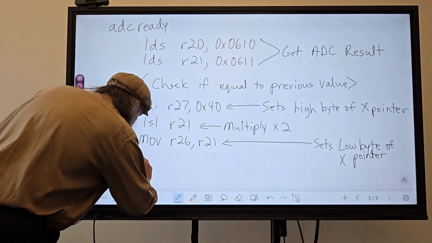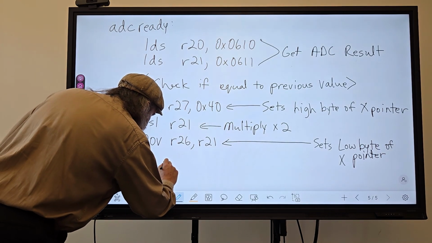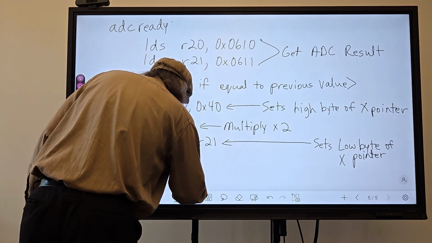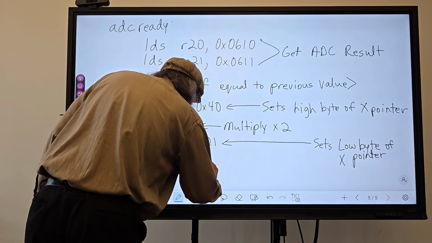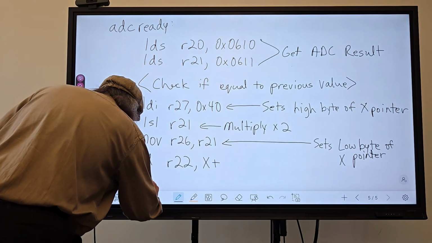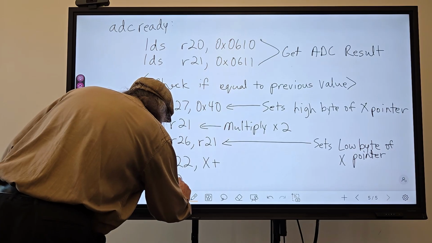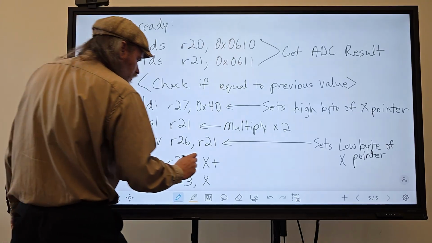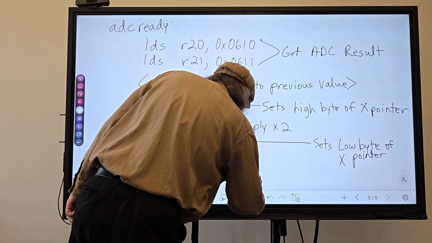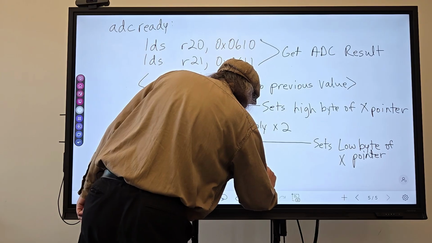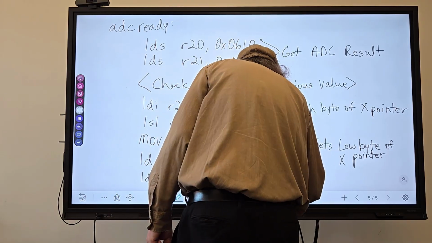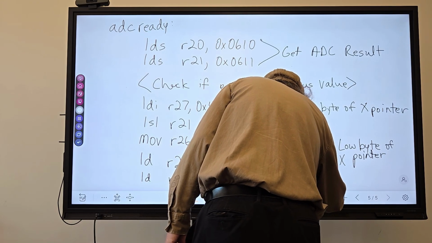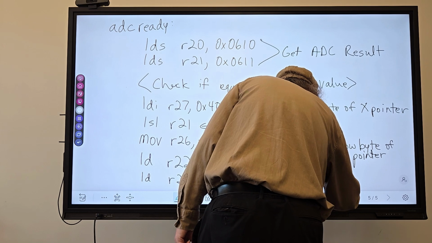And then you would LDR, let's say 22, X plus, LDR 23, X, and that will load the element into the registers.